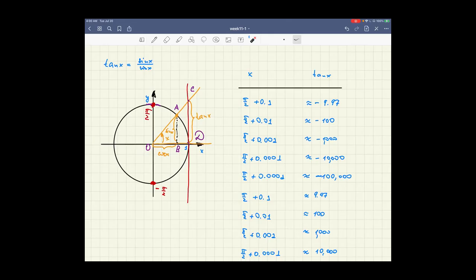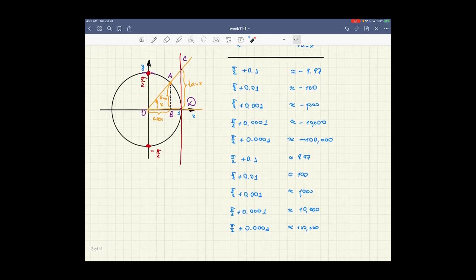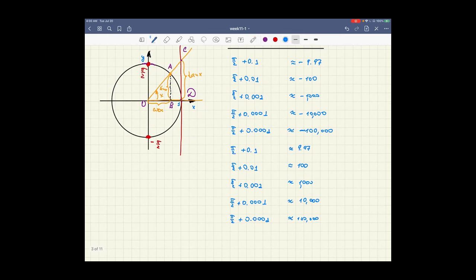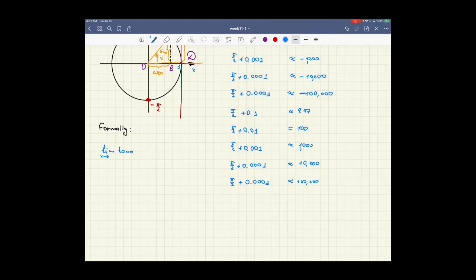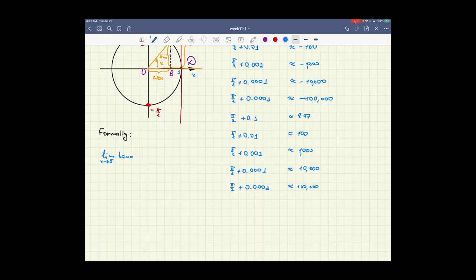This could be written in a very formal way. I could write this formally by saying that the limit of tangent x as x approaches pi over 2 from the left is positive infinity, and the limit of tangent x as x approaches pi over 2 from the right is negative infinity.